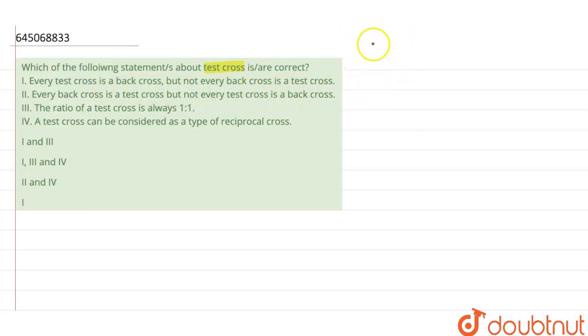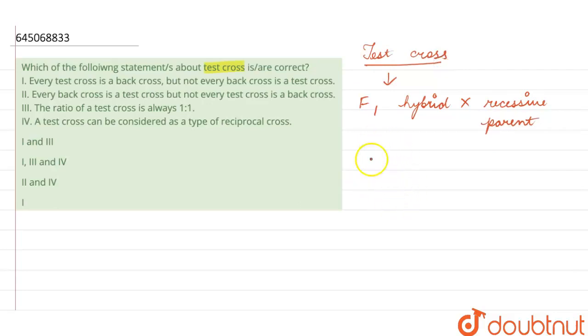Alright, so first of all, what is a test cross? In a test cross, the F1 hybrid, that is the progeny that we get in the F1 generation, is crossed with the recessive parent. So this cross is called a test cross.